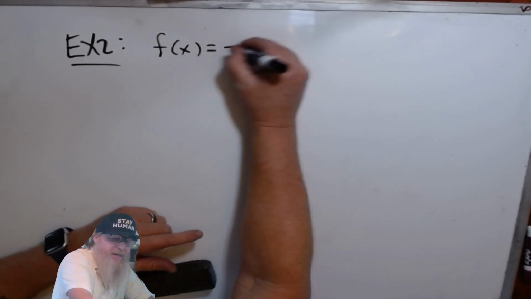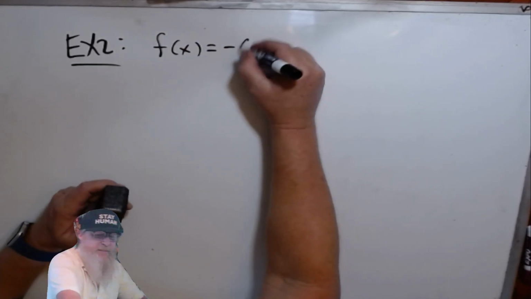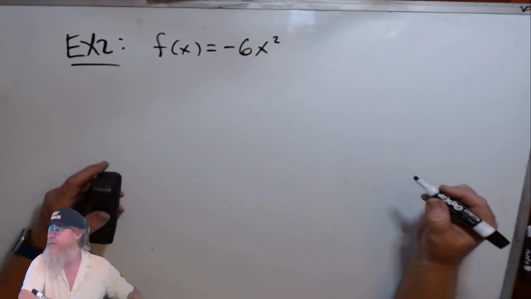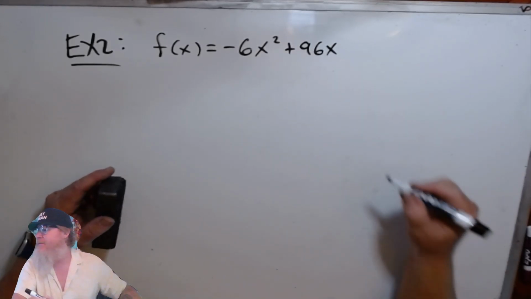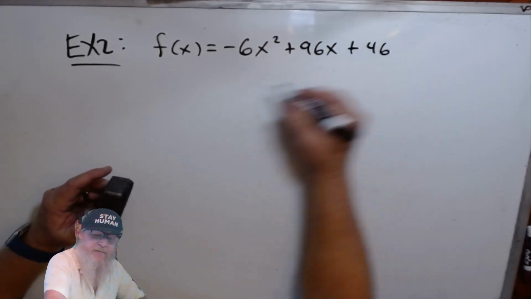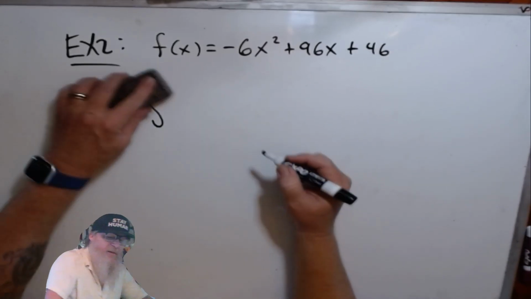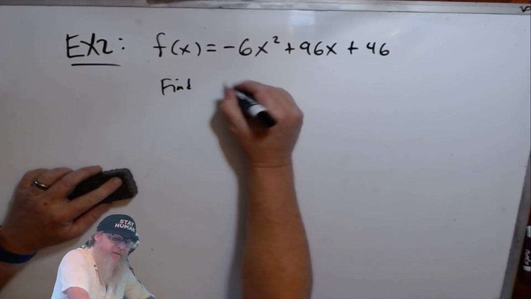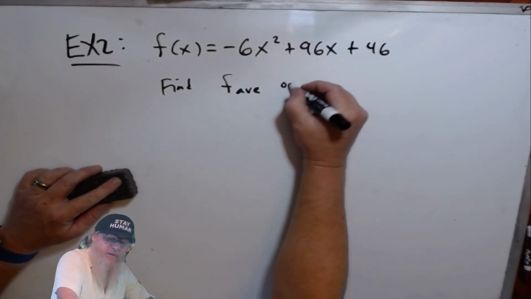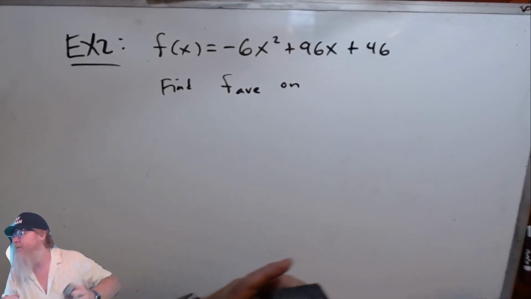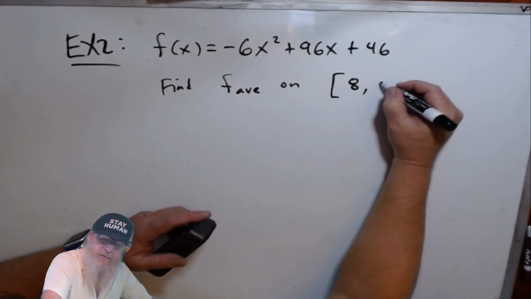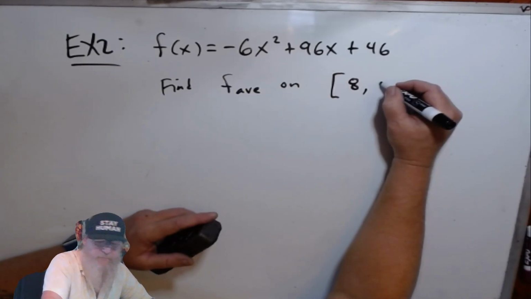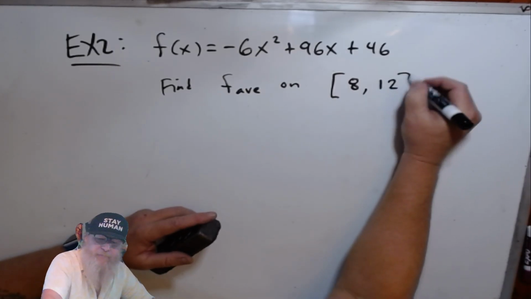So f of x is negative 6x squared plus 96x plus 46. So let's find the average value on the interval 8 to 12.